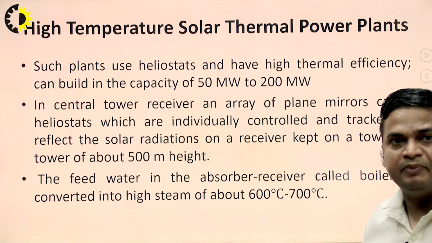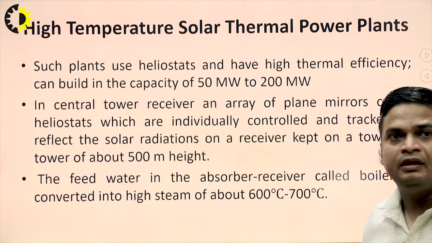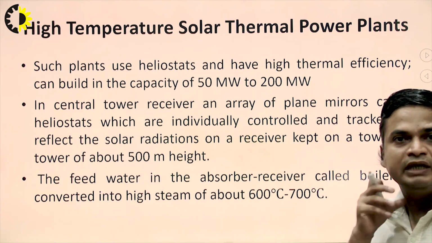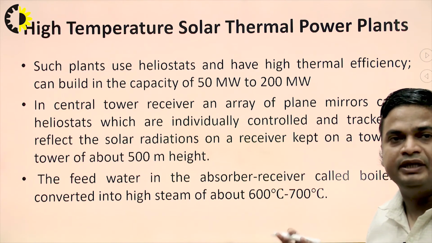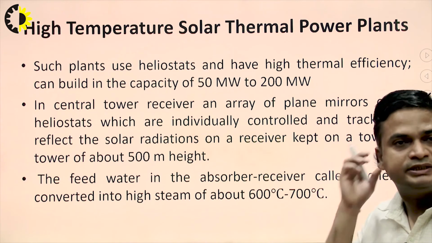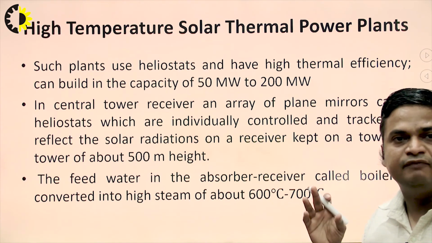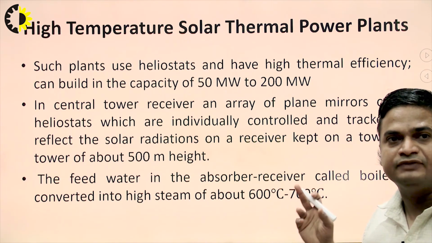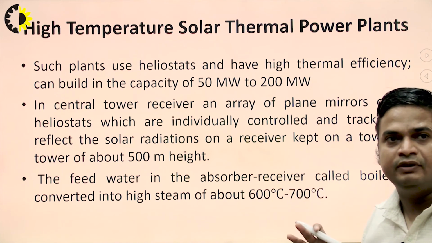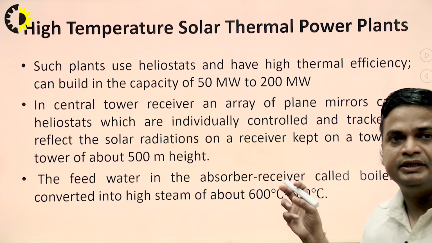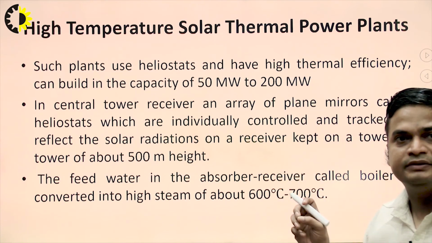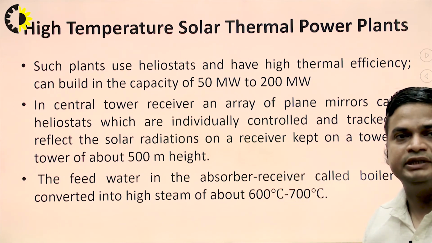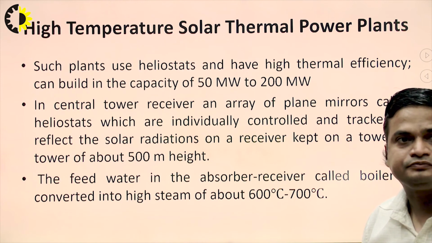These are kept apart at a certain distance, and a tower is used. These heliostats reflect the radiations and transfer them to the peak of the tower. There a concentrator, or we can say a boiler, is there, where feed water is sent and converted into steam.